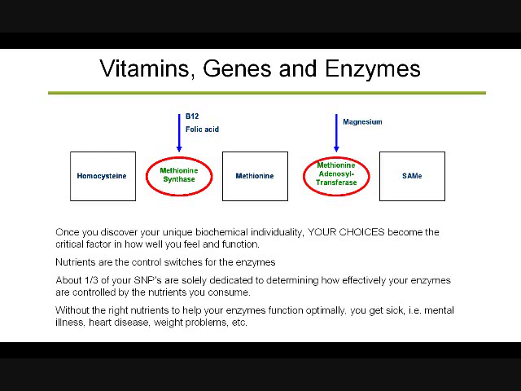So not only do the minerals and the vitamins we eat tell the enzymes what to do, but they also dramatically influence which parts of our genetic material produce which proteins.